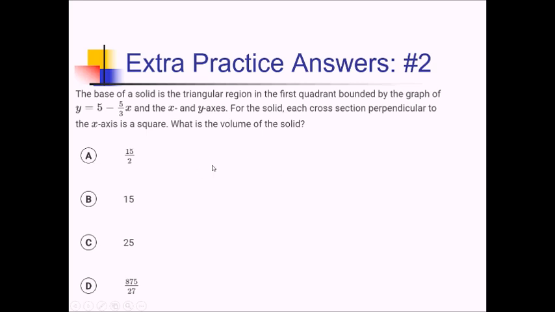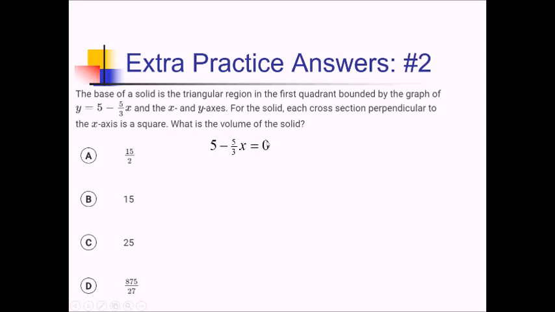Let me get my left and right limits of integration. We know that we're bounded by the y-axis, so we're starting at 0 for the x values. And how far to the right are we going? We're going as far as it takes this line to intersect the x-axis. So let me start by setting 5 minus 5/3 x equal to 0, so that we can find our upper limit of integration.